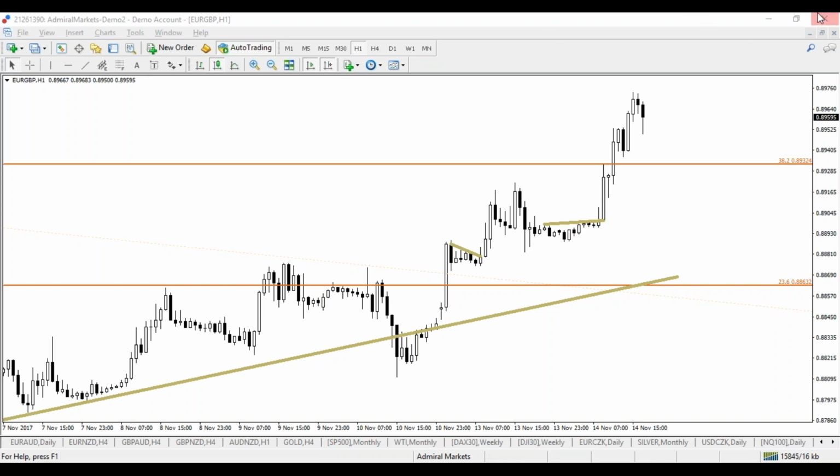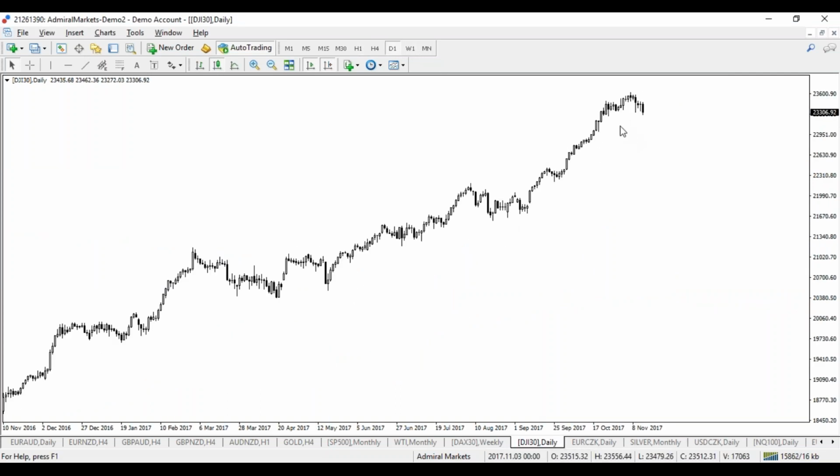Any other one that you would like to have? Maybe we could take a look at some of these stock indices. Looks like a bit of indecision here.